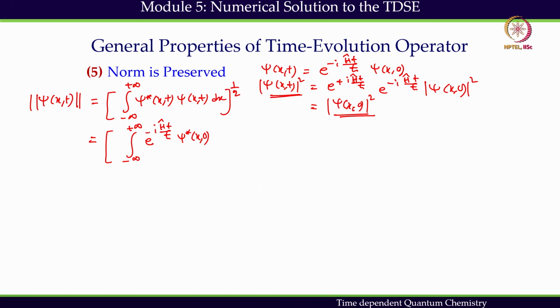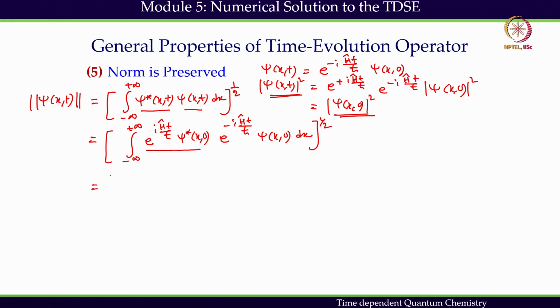Here I have removed this negative sign because this is the complex conjugate part of the wave function. So this part is represented here, and then the other part will be represented as 1 minus i H cap t by h cut psi x 0 dx to the power half.